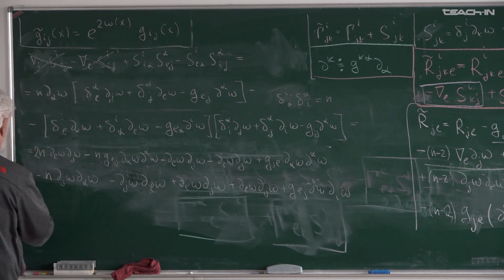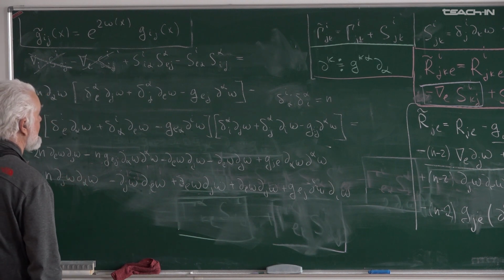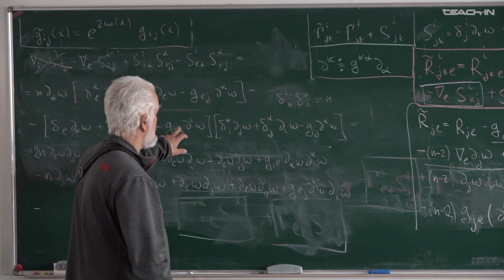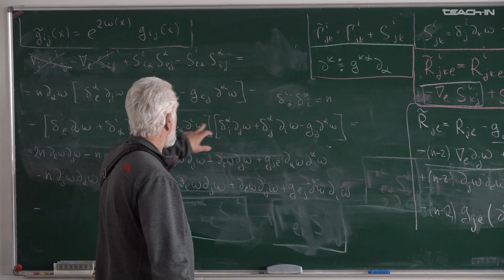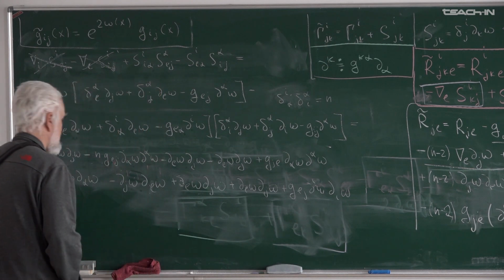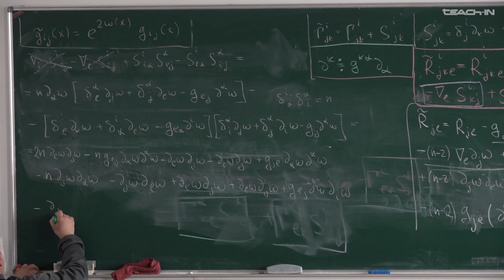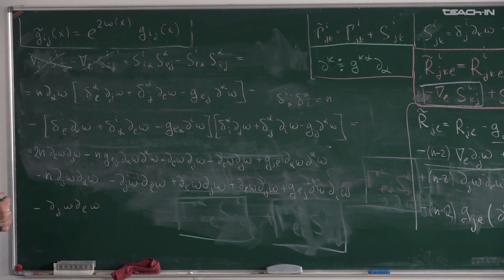And the last term minus, okay. Minus. It's low indices, so G L omega, and this is G minus P J omega D L omega. Okay.